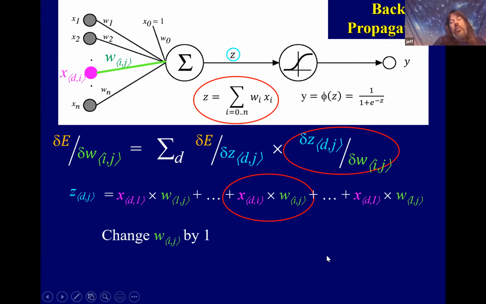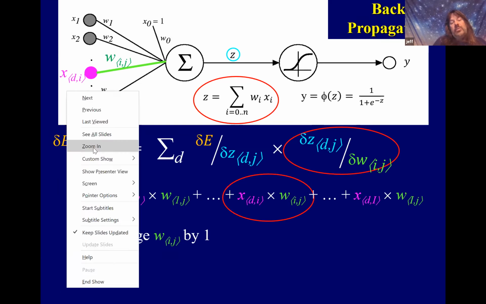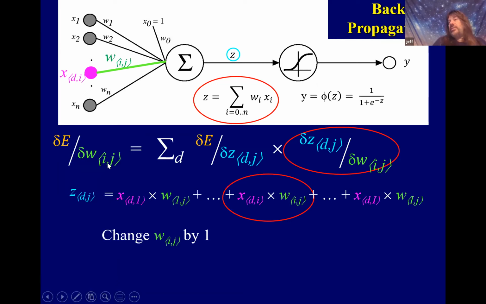And we can ask the question, why did I circle this one, right? Because this is the weight we're talking about. This is the weight in question, right? And if I change this number here by 1, just increase this number by 1, what effect does it have on Z? Well, that 1 is multiplied by this X. So it's going to change Z by this X value, right?